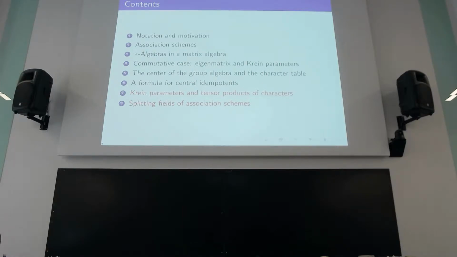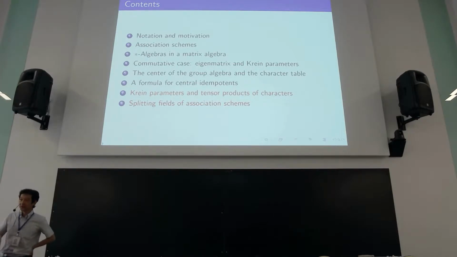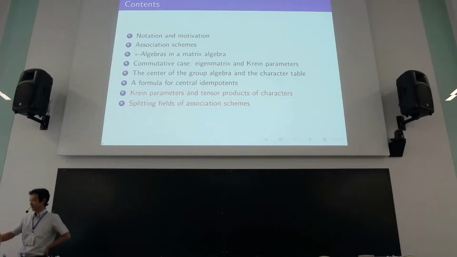But I decided to postpone it to the eighth lecture. So the seventh lecture consists of the Krein parameters and the tensor product of characters, and the most interesting part, at least for me, will come in the eighth part.